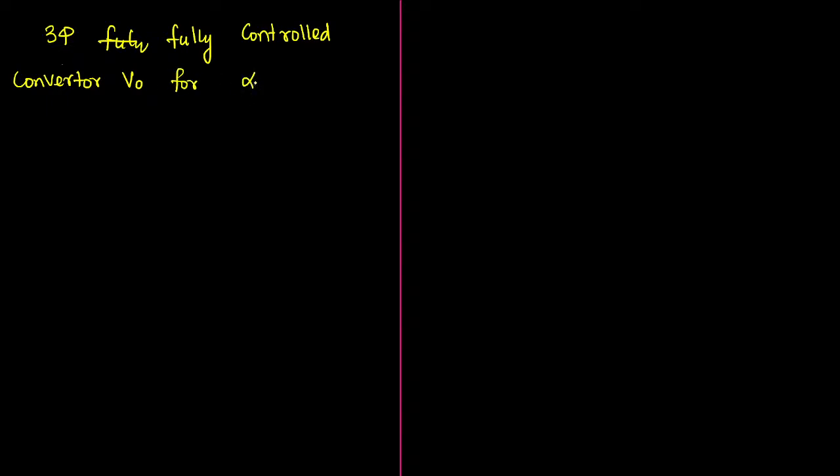What they are asking is that you should draw the output waveform when alpha equals 0 degrees for the three-phase fully controlled converter. When alpha equals 0 degrees, how will your waveform look? When alpha equals 60 degrees, how will your waveform look? Let me cover one more value: when alpha equals 90 degrees, how will your waveform look? When alpha equals 150 degrees, how will your waveform look? So this is the generalized question.